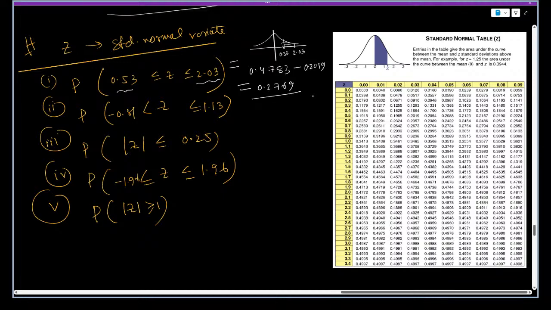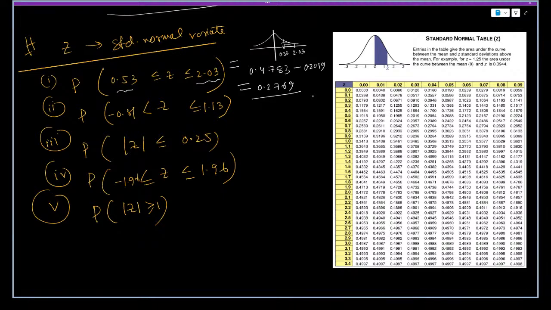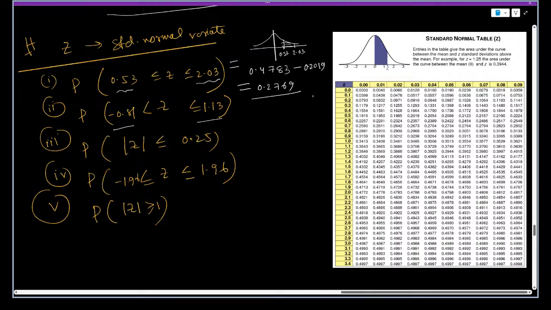Now we have to find P between these 2 points, minus 0.81 and 1.13. How to find it? If you plot the graph here, 1.13 lies here, minus 0.81 lies here. So you need to find this area. The graph is symmetric about this axis.